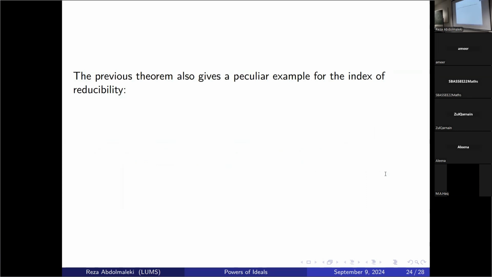Okay, now the last part of this talk: we want to provide an important application of our story here.